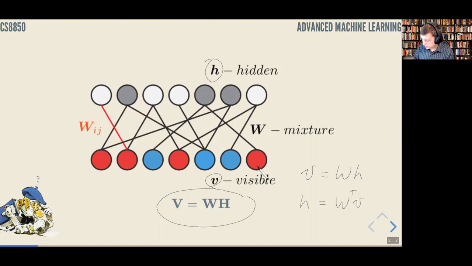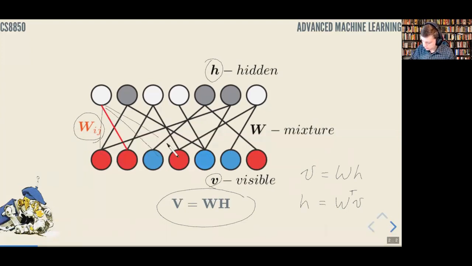So this graphical representation, which is a little bit misleading, but the important part, each connection here simply represents an element in this matrix, in the W matrix or W transpose, regardless.